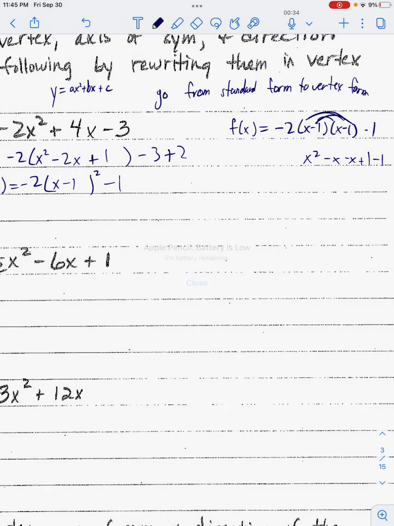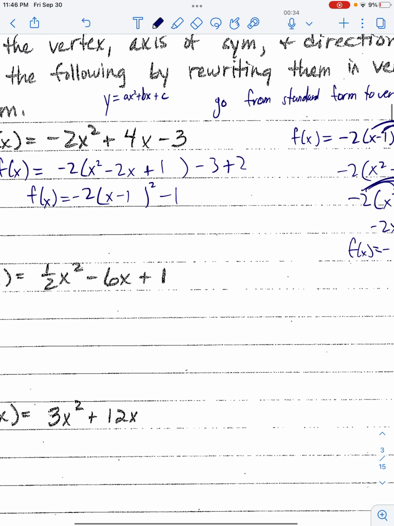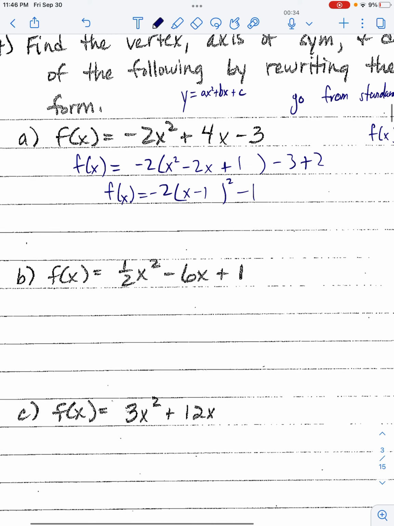I can't forget this negative 2 that should be here. So negative 2 times x squared minus 2x plus 1, minus 1, or negative 2x squared plus 4x minus 2 minus 1, negative 2x squared plus 4x minus 3, which is my original function, okay? So you can always check to see if you completed the square right by expanding everything back out.